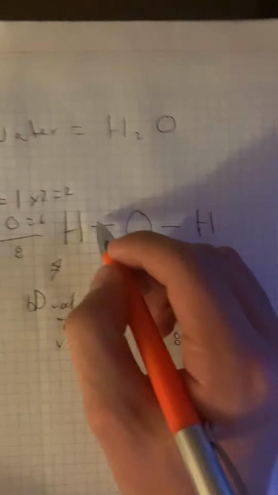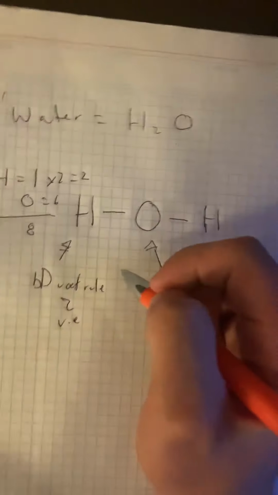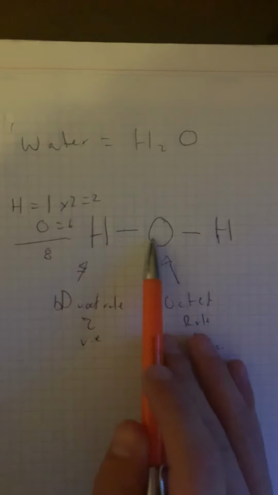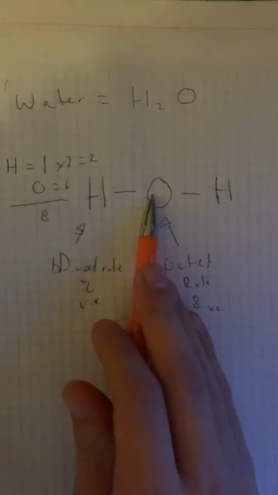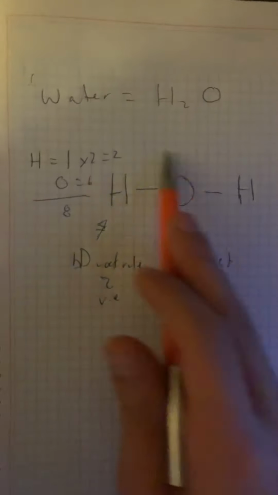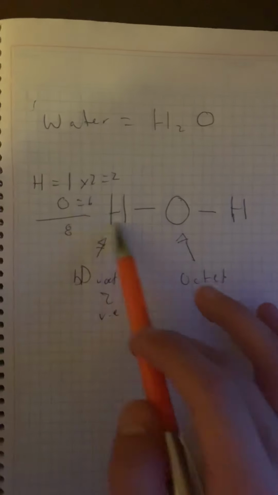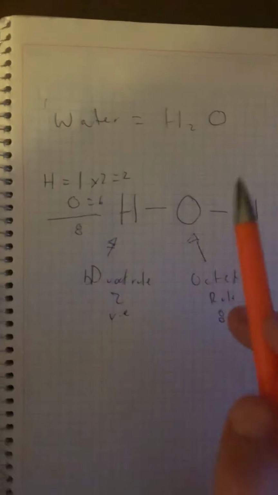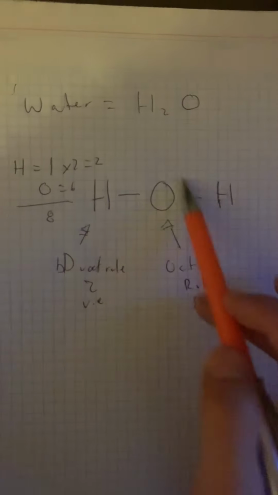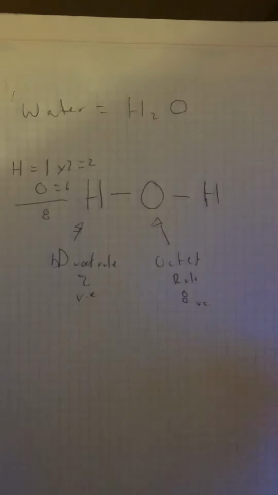So now we count: each line counts as 2 because it is formed by 2 valence electrons. Here, this hydrogen has 2 valence electrons, oxygen has 4 valence electrons, and this other hydrogen has 2 valence electrons.